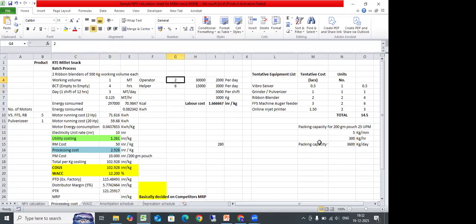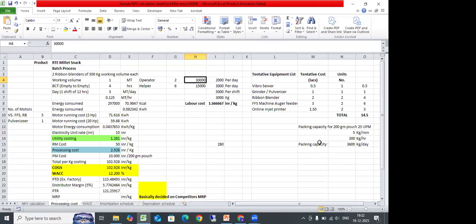Now, since there are two ribbon blenders, I've taken two operators and two helpers for the two ribbon blenders, so 4 helpers there, and 2 helpers to do all the other sundry work, packing and so on. I've taken it on the higher side. Please appraise me. I have taken the monthly salary as 30,000 for an operator and 15,000 for a helper.